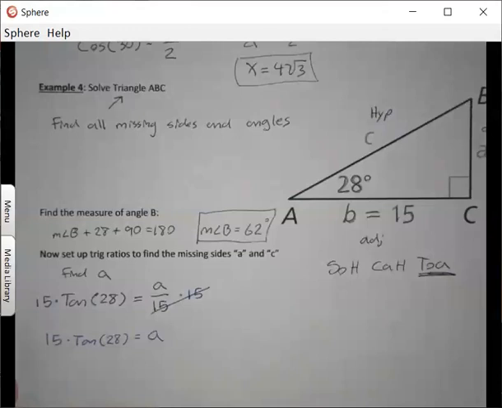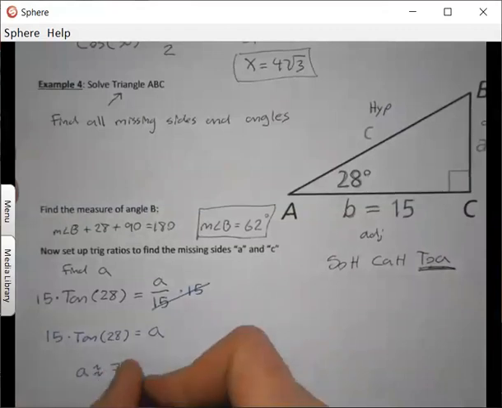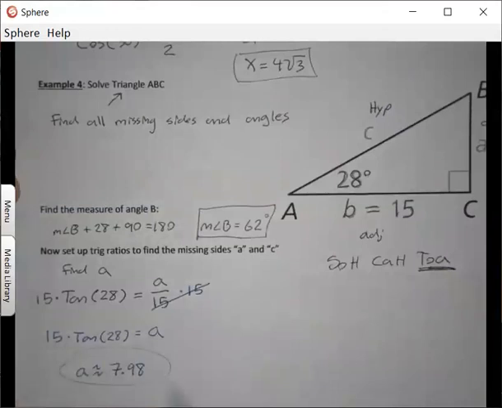If we want an approximation, we can put this in a calculator. Scientific Calculator, Desmos, all have the trig functions. So this would be approximately 7.98.